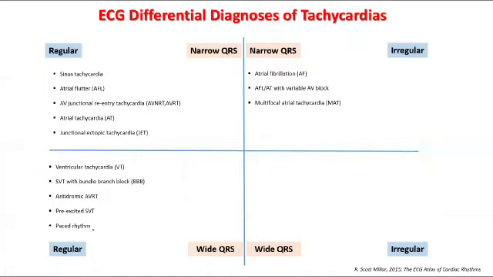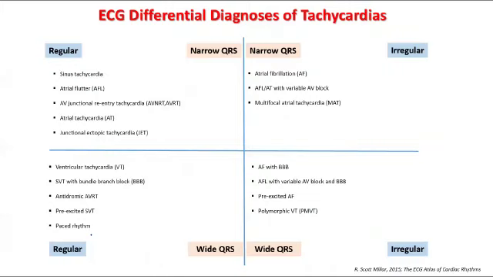And then you can have paced rhythm. Now there's something that we call pacemaker mediated tachycardia. So you can have a wide complex because it's paced, and then it's usually regular.